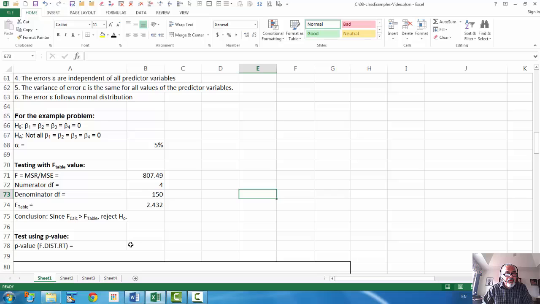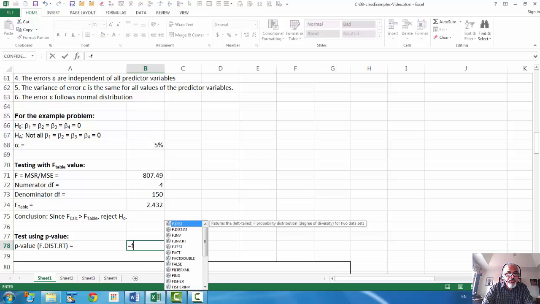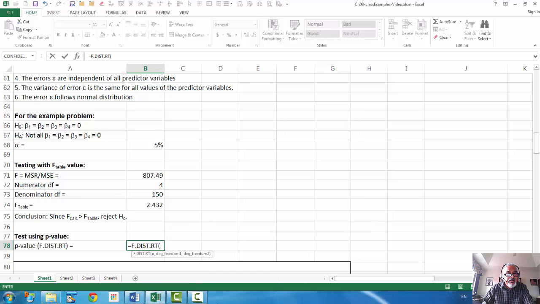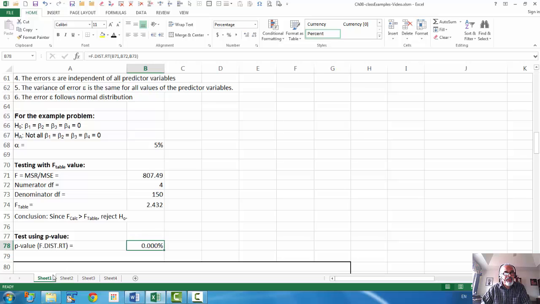Now the p-value. We've already computed the p-value, but we will do it again: F.DIST.RT, the F value, comma, the 2 degrees of freedom. Since this is e to the power of minus 100, it's really a small value. Since the p-value is less than alpha, we reject the null hypothesis.